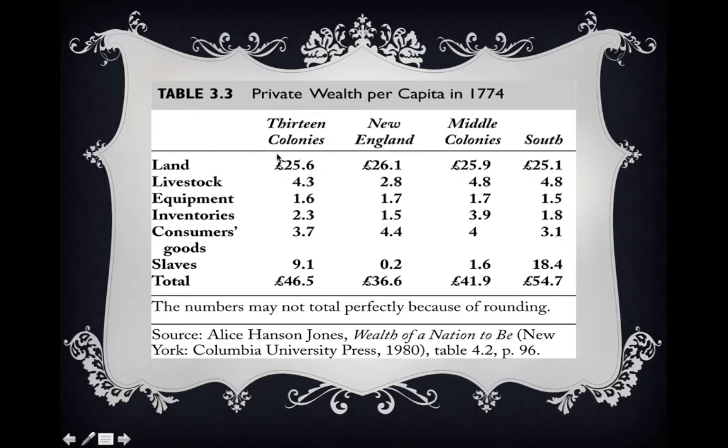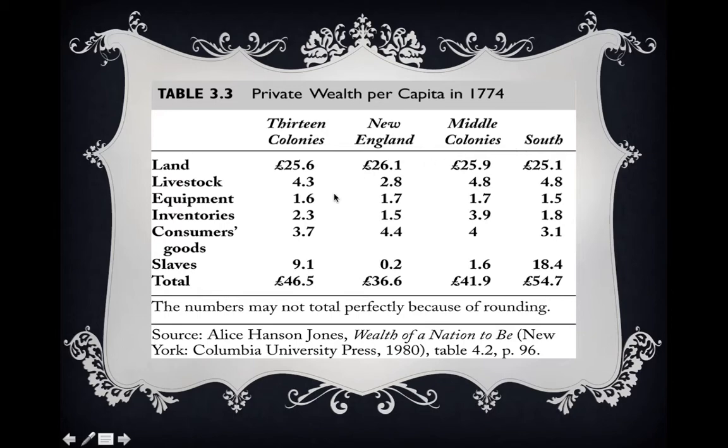For all 13, it was roughly 25.6 pounds sterling. If we take a look at New England, it's roughly 26. Again, the middle colonies 26, and in the South, 25. So they're roughly equivalent to one another across the regions of the colonies, between New England, middle colonies, and the South.